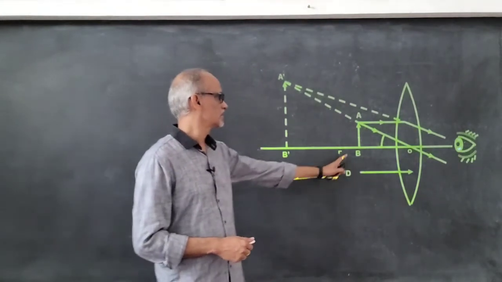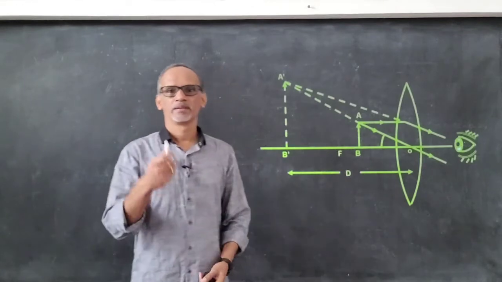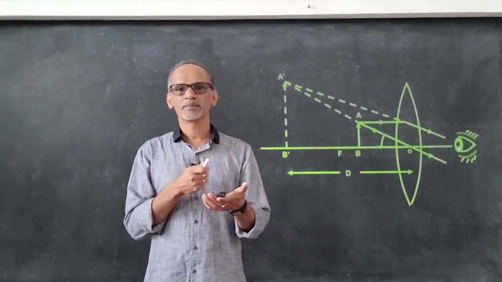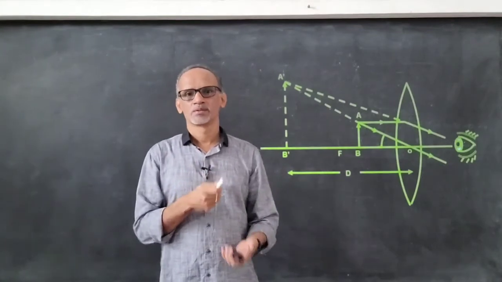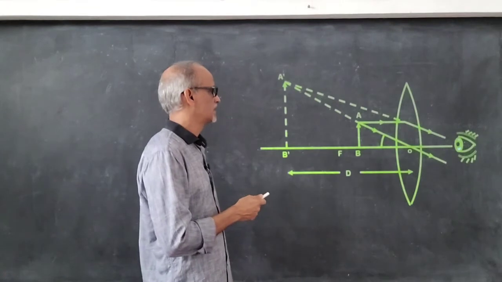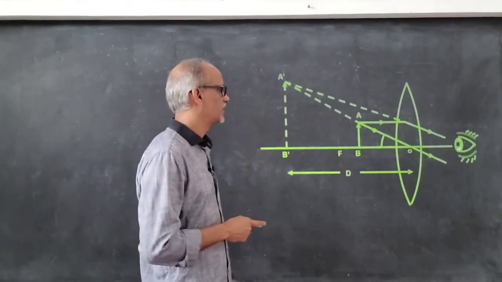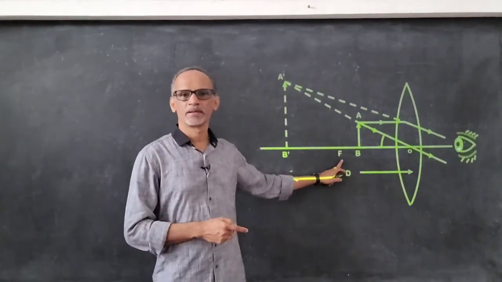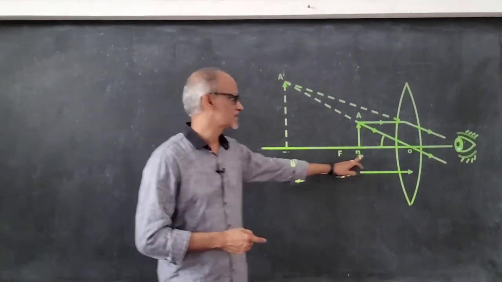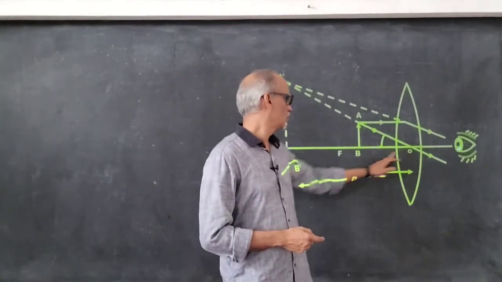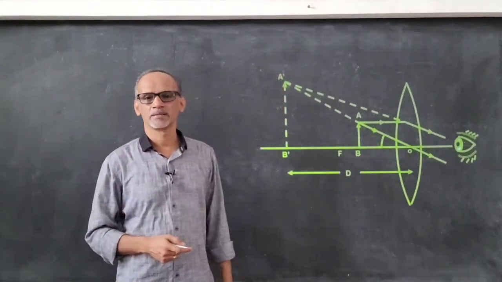We use an object in front of it. Take a magnifier, single lens, and place an object. That object must be placed very close. What do you mean by very close? We have to place that object between the optic center and the principal focus, so that OB acts as the object distance.